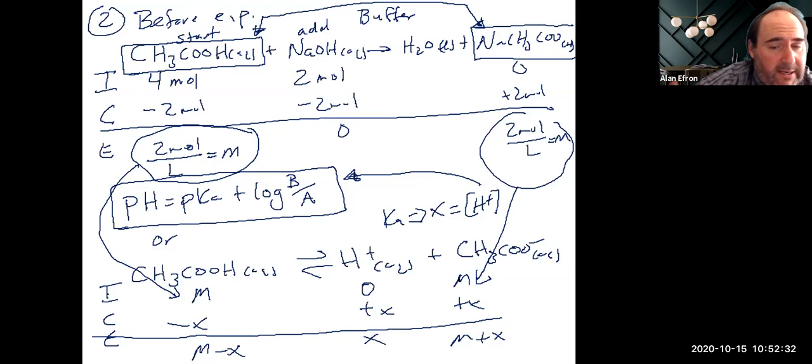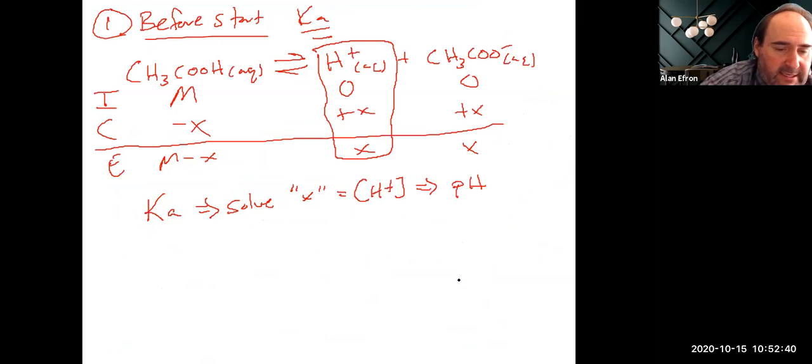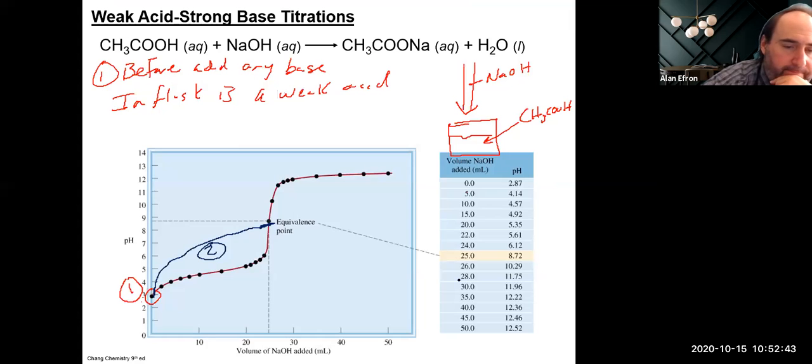Or you could do one ice table to get those numbers, followed by a second ice table, and not do the Henderson-Hasselbalch. So everywhere in this titration, from beginning the titration to before the equivalence point, this is going to end up as a buffer area, or a buffer region of the titration.